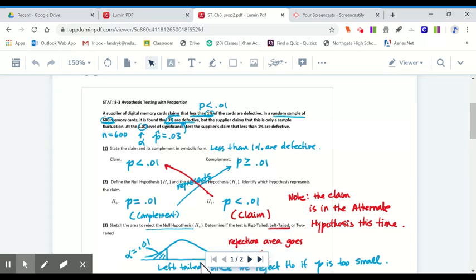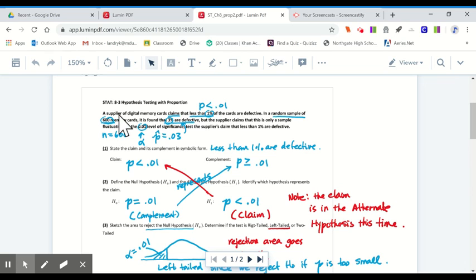So all the decision making about the null hypothesis is still true, but when we have to make a statement about the claim, we just have to reverse. It's different than what we say about the null. Okay, so that's the big picture. So let's step it through.